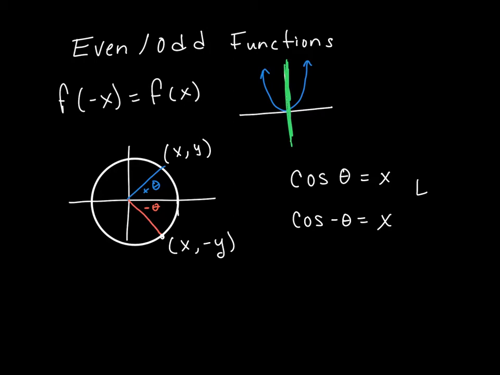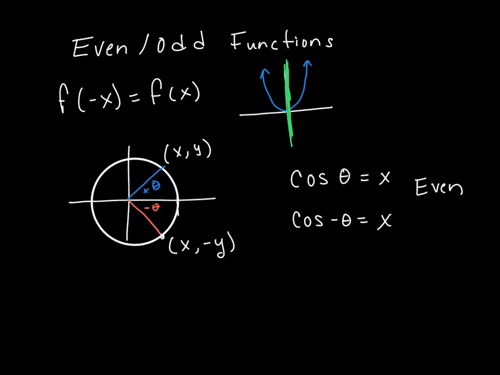This function is even. That happens because it doesn't matter if I'm going in the positive direction, up, or the negative direction, down. In the first quadrant, x is positive and y is positive. If I'm going down here in this fourth quadrant, x is still positive, but y is negative.